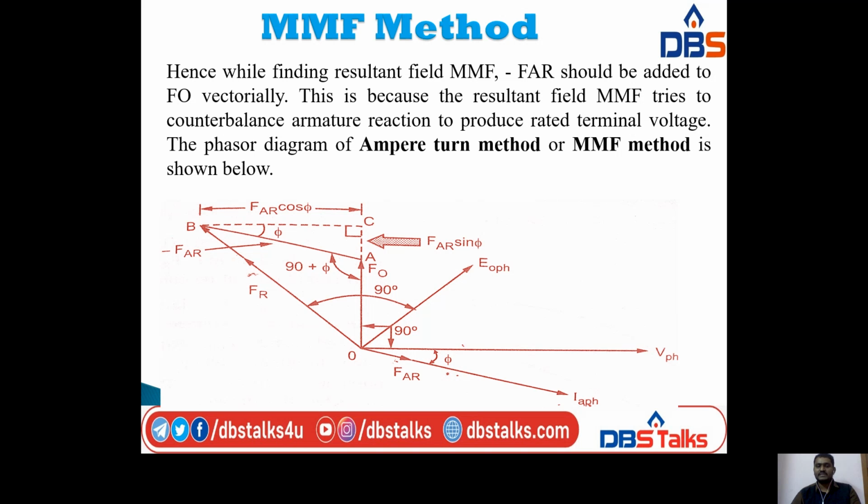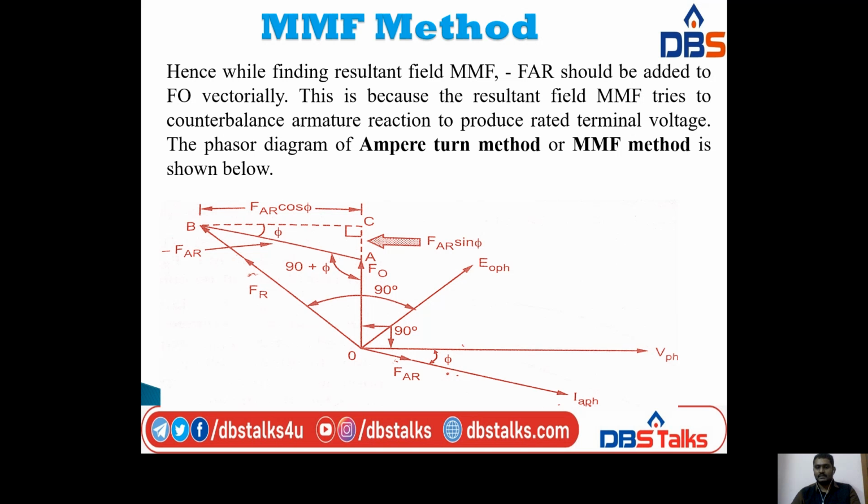So the phasor diagram of the ampere turns method or MMF method is shown below. Here in the diagram I am taking V phase and IA phase. This is the MMF method phasor diagram.